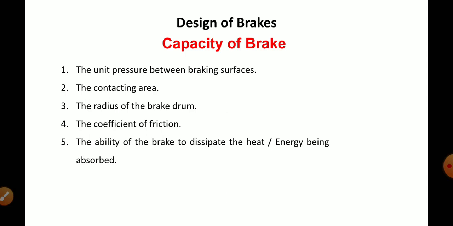Then the coefficient of friction between the brake drum and the brake lining material. Then the ability of the brake to dissipate heat, the heat dissipation ability, or again we can say the energy being absorbed by the brake. The capacity of the brake depends upon the energy being absorbed by the brake also.